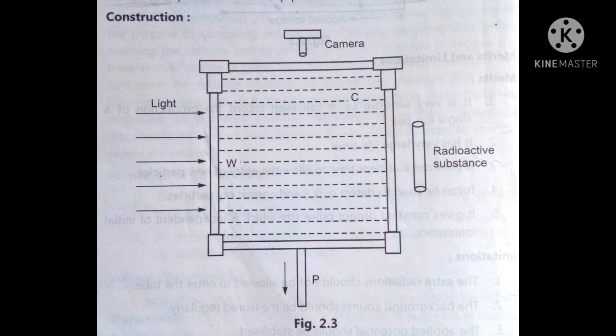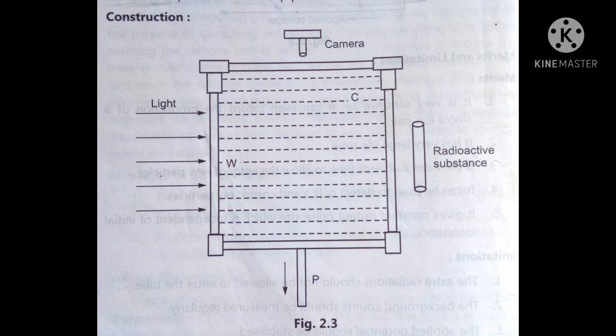Now see the construction of Wilson cloud chamber, as shown in the figure. It consists of a large cylindrical chamber represented by capital C, with its walls and ceiling made of glass. It contains dust-free air saturated with water vapors or alcohol vapors.